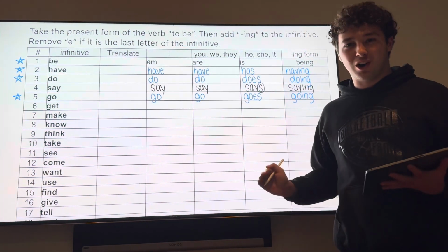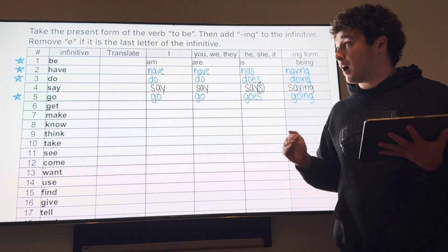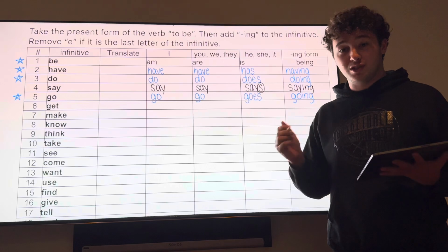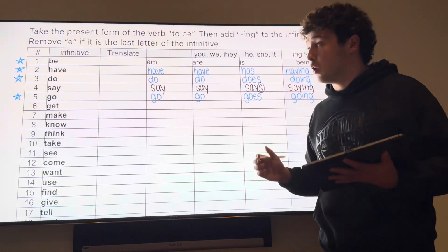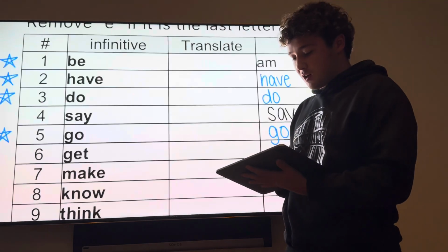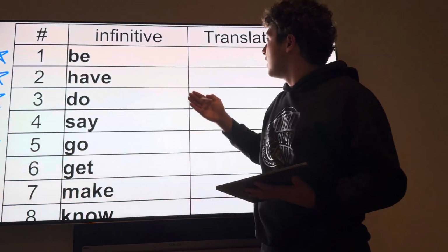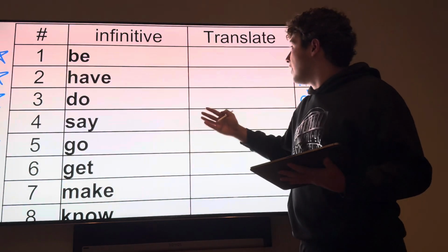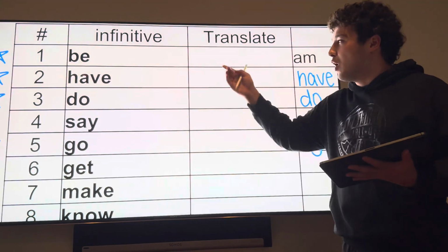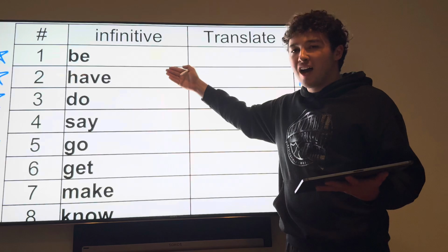So for this chart, I recommend you complete the whole thing by yourself, just using online dictionaries or personal ones. The way I would go about doing it is I'd start by reading the infinitive and then I would translate it into your own language so that you really understand what it means. What does have mean?